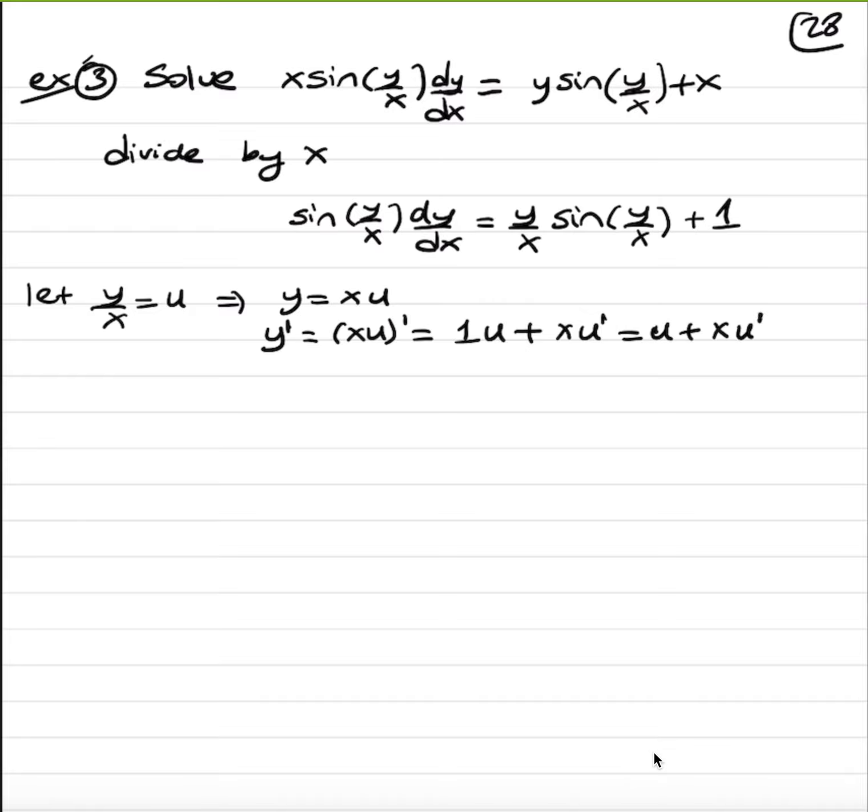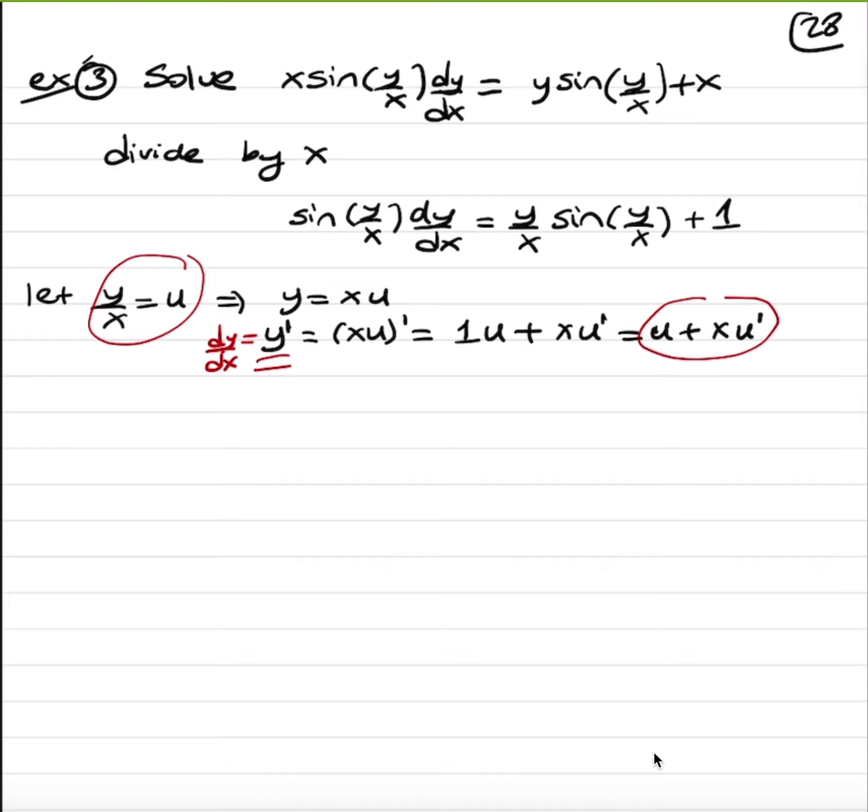So in the equation, when we see y over x, we will put u. When we see y prime or dy over dx, we will put u plus x times u prime.